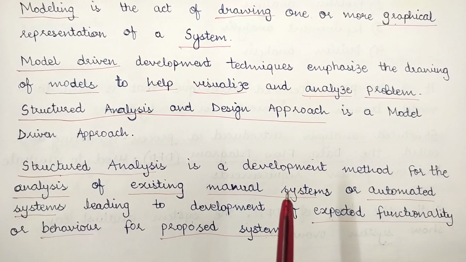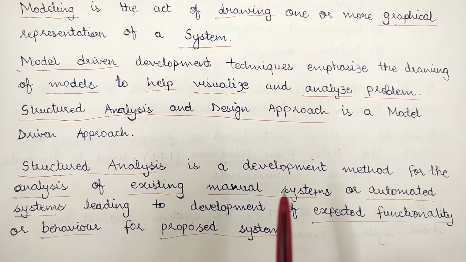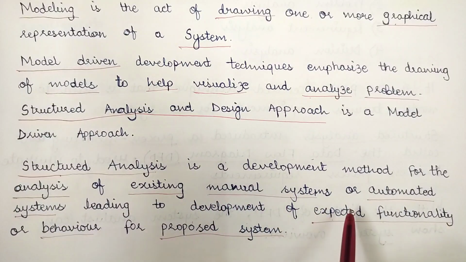So whenever a new system is proposed from the already existing system, which could be either manual or automated, we analyze the already existing system, and from that analysis we find the scope for the development of expected functionality. Whatever the expected functionality or expected behavior is from the proposed system, that is found with the help of analysis of the already existing systems through structured analysis.